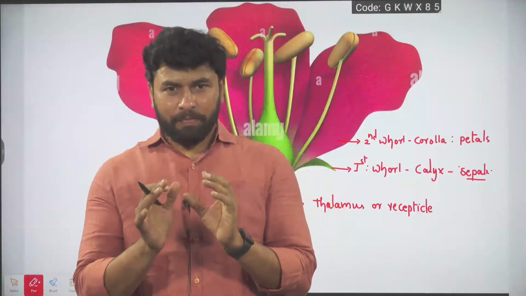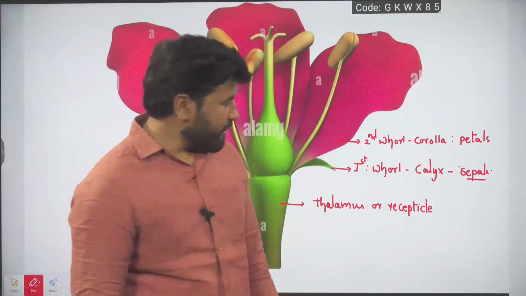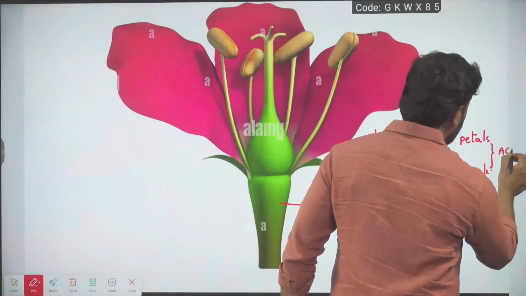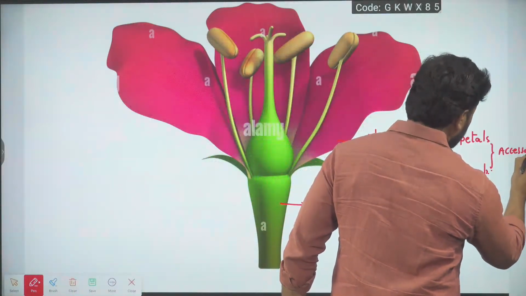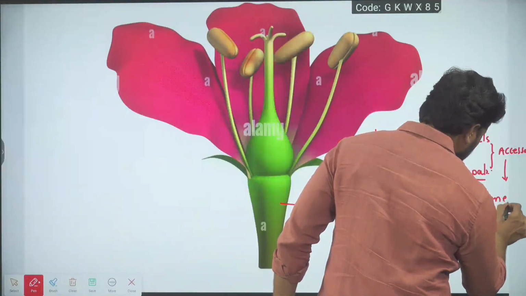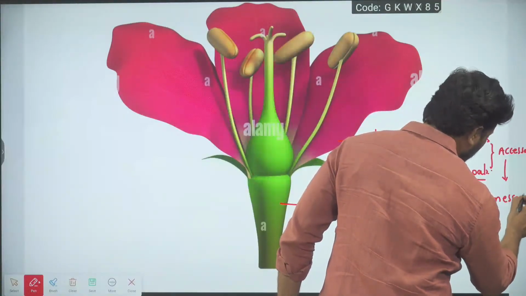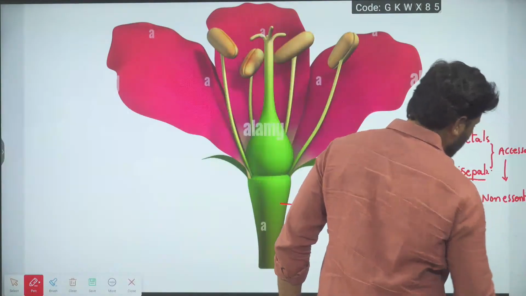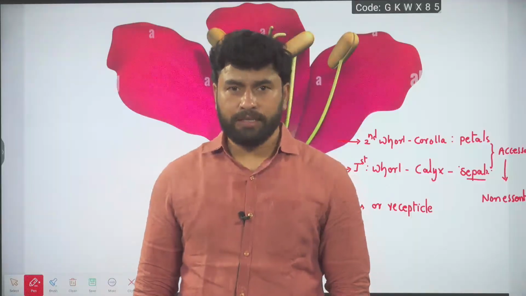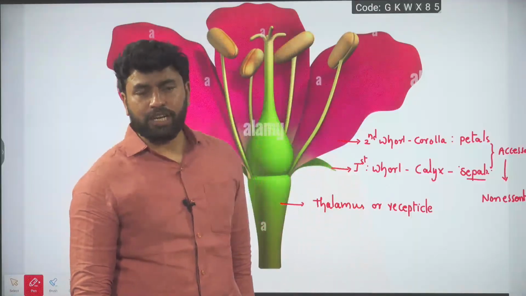In a flower, sepals and petals are called accessory organs, also called non-essential organs. Why are they non-essential? Even if they are absent in a flower, the flower can still perform reproduction. That's why they are non-essential organs.